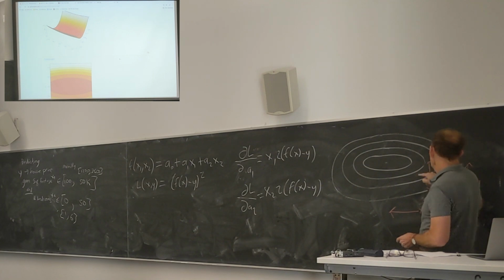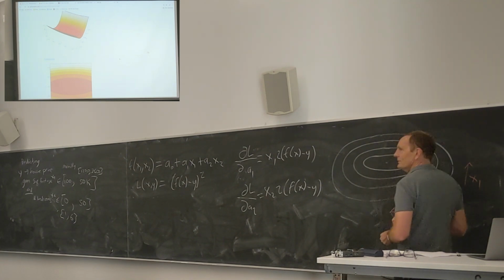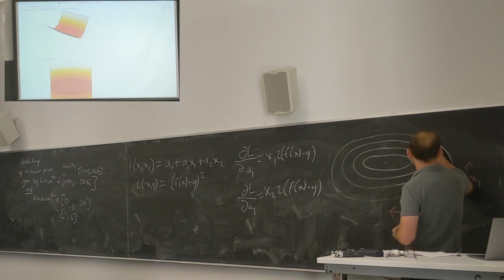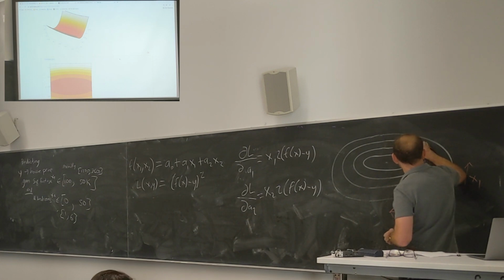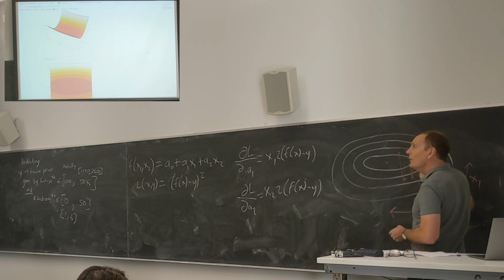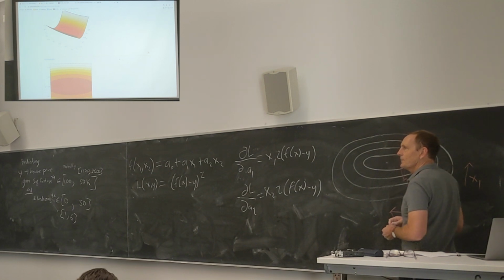Let's say we even go to here. Then the next time we're going to go maybe to here, and then to here, and then to here. Back and forth, making small steps this way, and large steps this way.